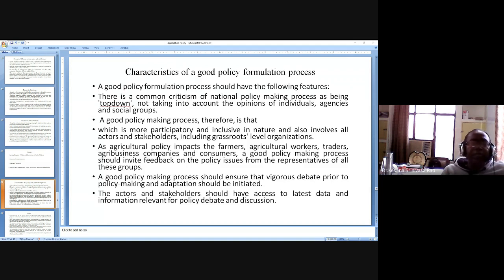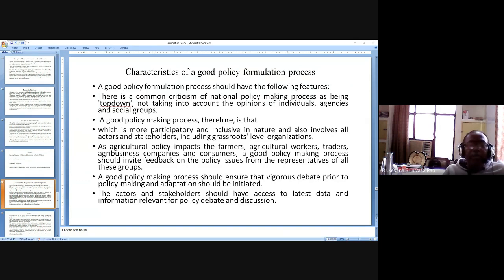There is a common criticism of the national policy making process as being top down, not taking into account the opinions of individuals, agencies, and social groups. A good policy making process is more participatory and inclusive in nature, and also involves all actors and stakeholders, including grassroots level organizations. Agriculture policy impacts the farmers, agriculture workers, traders, agribusiness companies, and consumers.